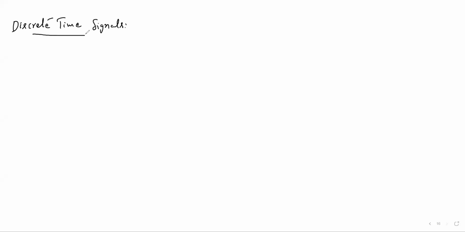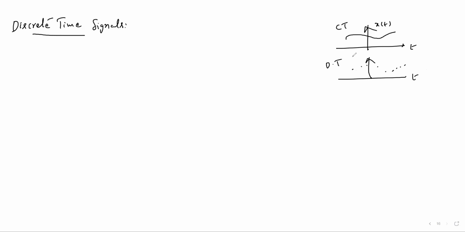Of course, I have not introduced continuous time signals for you in the previous session. So a signal, if it has continuous amplitude, that is a continuous time signal. If the signal has amplitude only at discrete instances of time, then that is a discrete time signal.